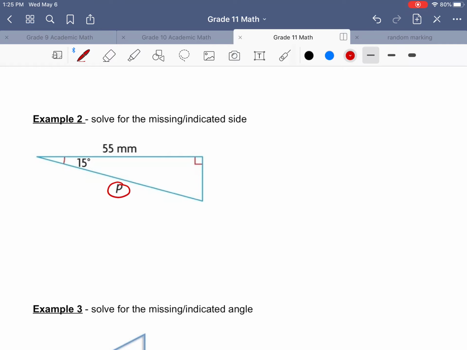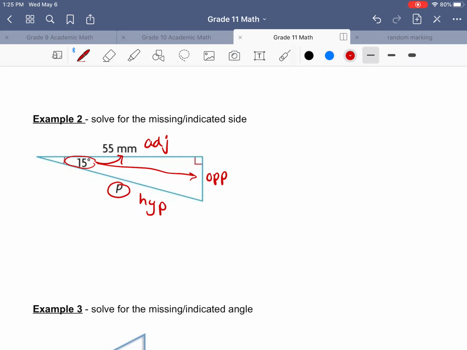So our first job is to label the triangle with respect to the reference angle. And here's our reference angle right here, which is 15 degrees. So across from 15, we have our opposite side. Beside 15, we have our adjacent side. And across from that 90-degree angle, we have our hypotenuse.